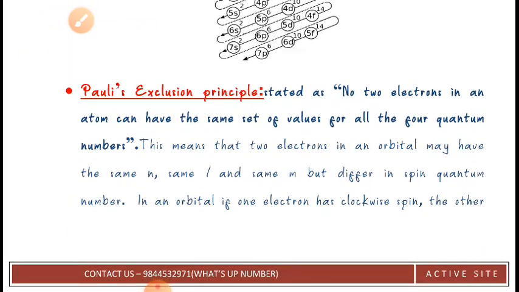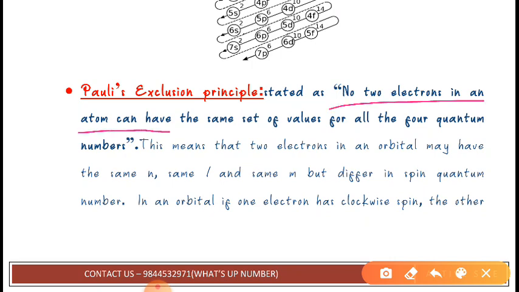Okay, now after the above principle, the Pauli exclusion principle, we will see what it says. It says that no two electrons in an atom can have the same set of values of all four quantum numbers. Means what?